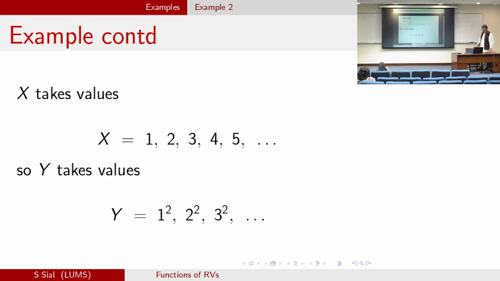So if x takes values 1, 2, 3, 4, 5 with some probabilities, then y takes those squared values with the same probabilities, right? Right?